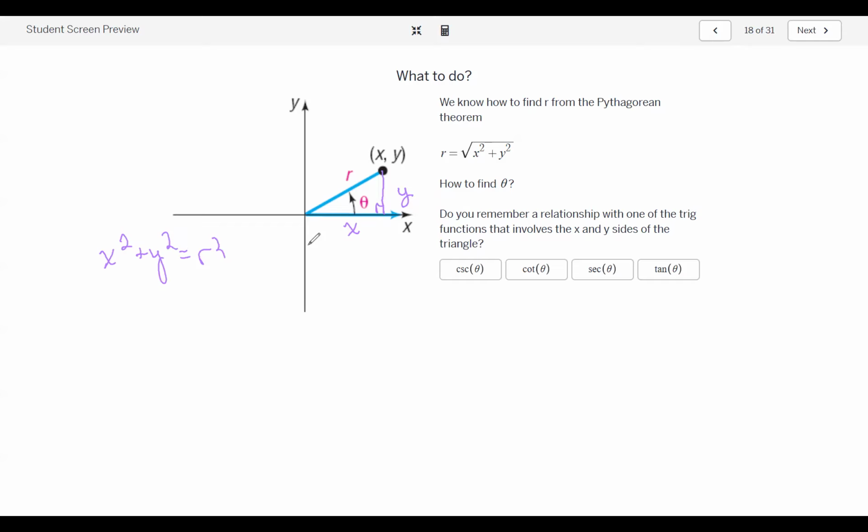Now, the other thing we need, though, is we need to relate theta to some of these sides. Now, when we look at our x and our y sides, since I'm figuring out starting from rectangular, I want to know which trig function uses the opposite and adjacent. And the trig function that does that, opposite and adjacent, that's our tangent.